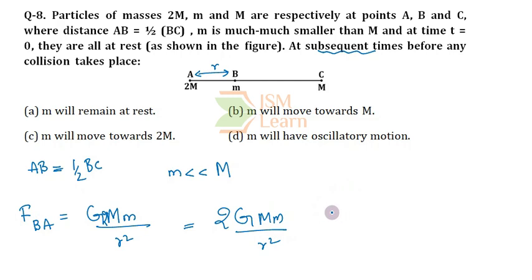Similarly, the force on B due to the mass placed at the point C will be G capital M into small m by the distance between B and C, which is 2R, so 2R squared.